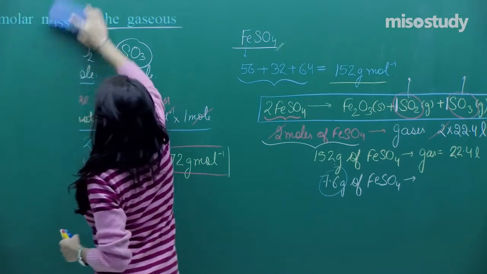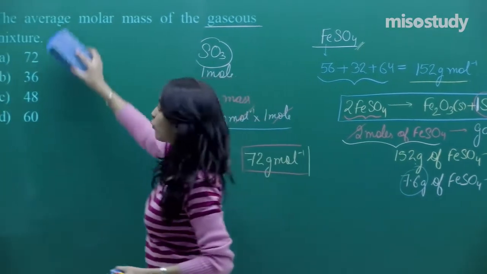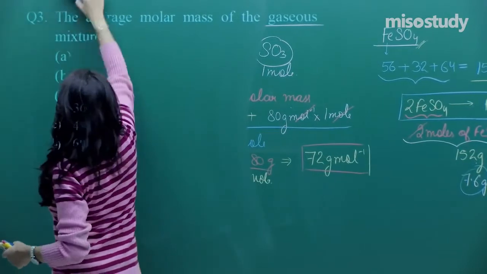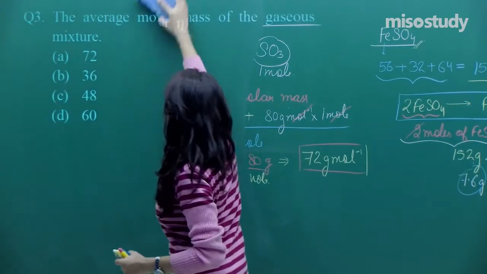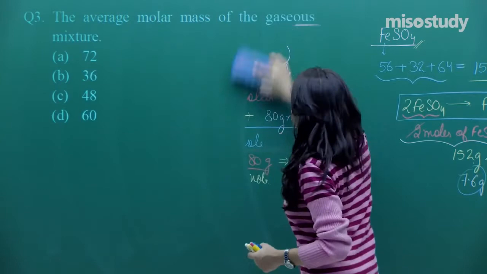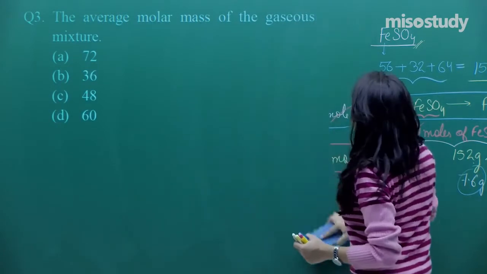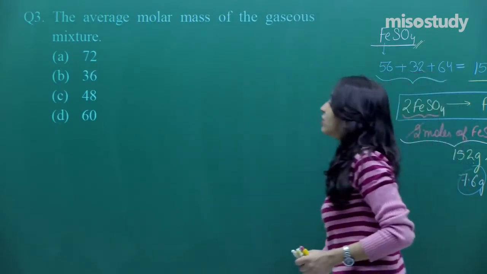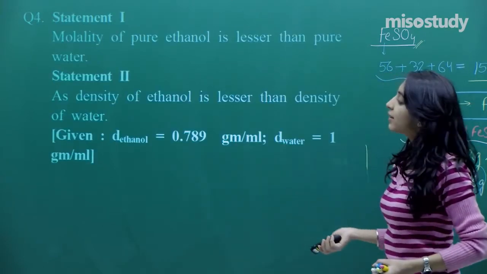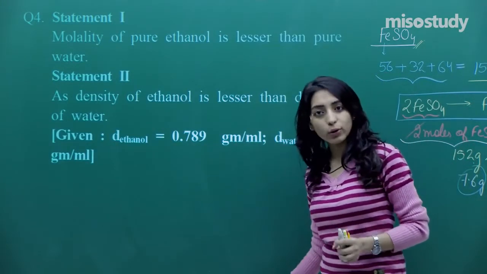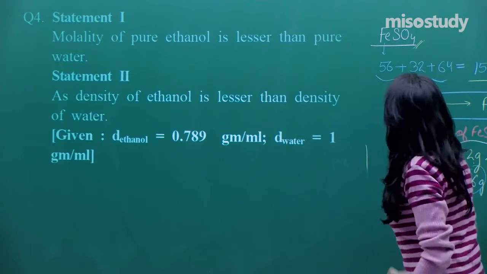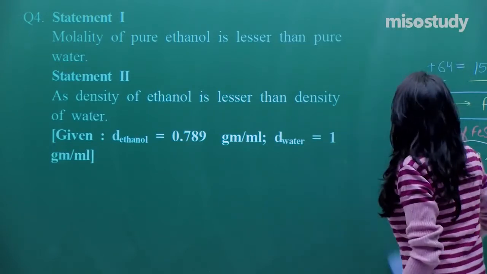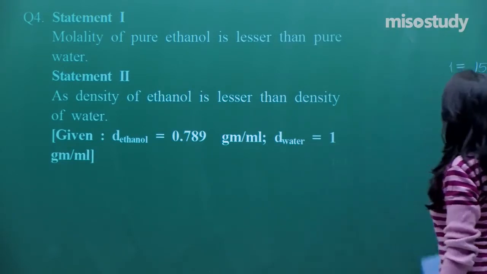Having done with question number 3, let us now finally move on to the next question, which is question number 4. This time again, I have chosen a different pattern question, the statement type question. So what are we doing in the statement type question? I have not written down the exact format.